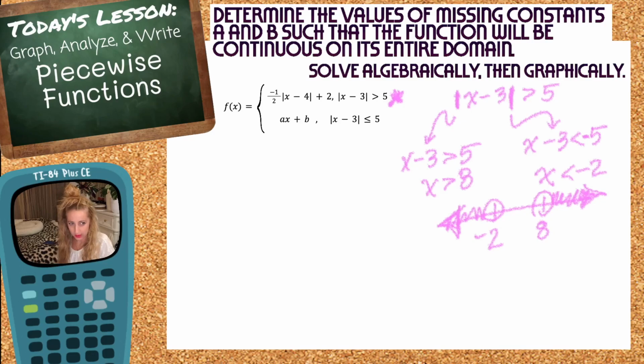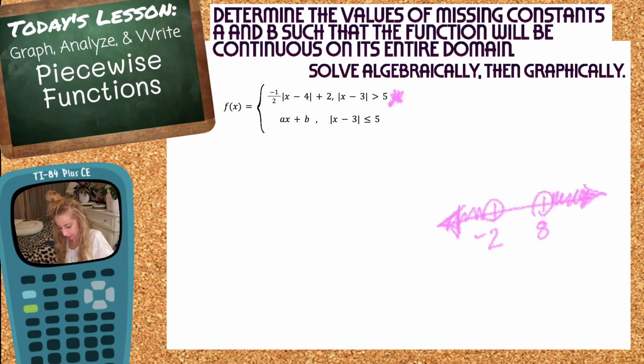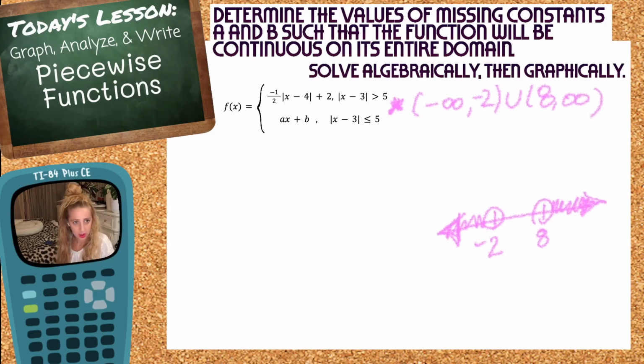So what is the domain for that? I didn't mean to erase the little star because then I'm going to lose my place. What is the domain then? It's going to be from negative infinity until negative 2, union 8 until infinity.